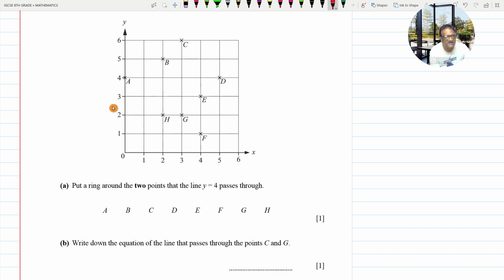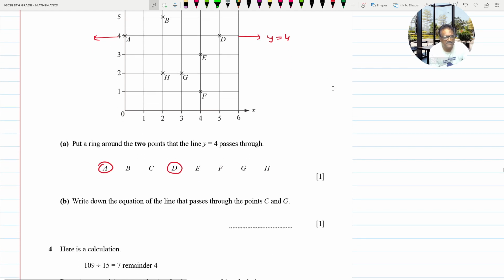Which is the line y equal to 4? It has to be this line, isn't it? This line y equal to 4 passes through which 2 points? This will be A and D. So can I circle this A and D? Yeah. So this is my answer for A.